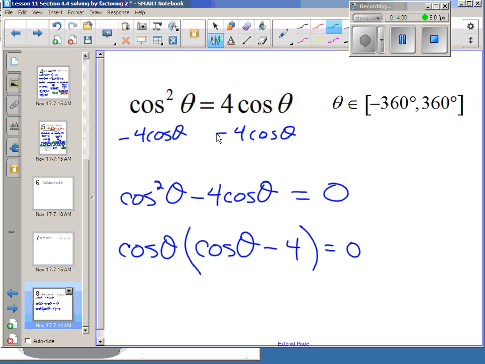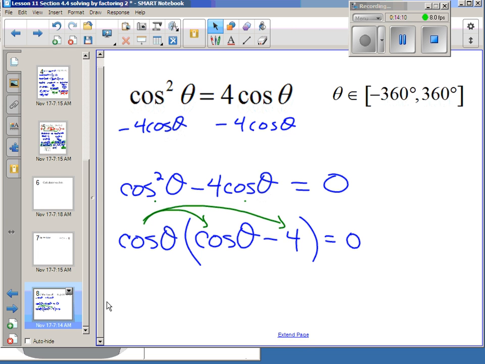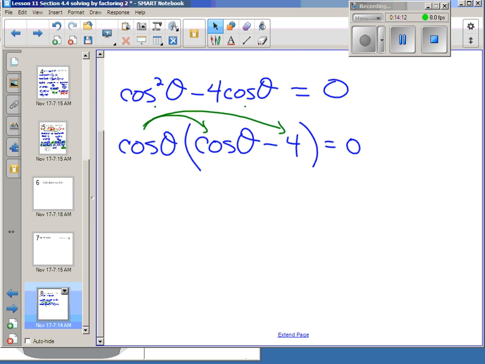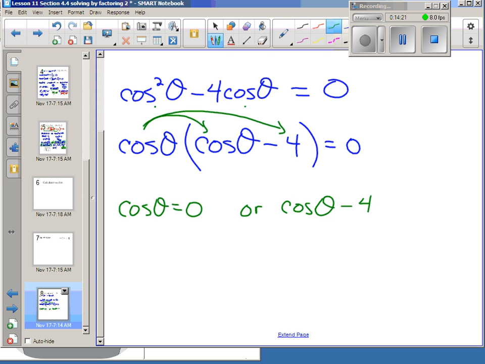And again, this should make sense because cosine times cosine will give me my cosine squared, and cosine times negative 4 will give me my minus 4 cosine theta. All right, so now I have it factored. Next step, set each factor equal to 0. So either cosine of theta is 0 or cosine theta minus 4 is 0.